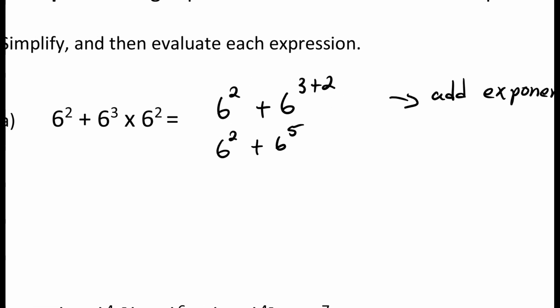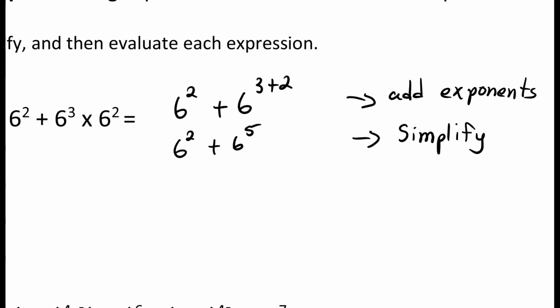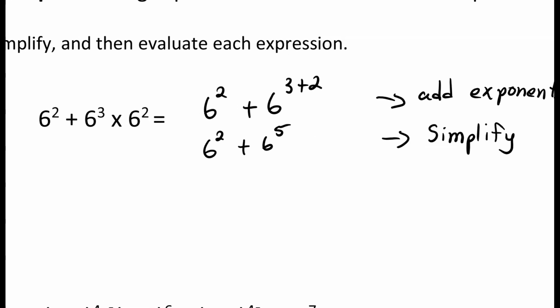The next thing that we want to look at is simplifying this. So I'm going to just put down a note of simplify, which means we're going to evaluate for what 6 to the power of 2 is and 6 to the power of 5 is. Well, 6 to the power of 2 will give us 36, and 6 to the power of 5 will give us 7,776.